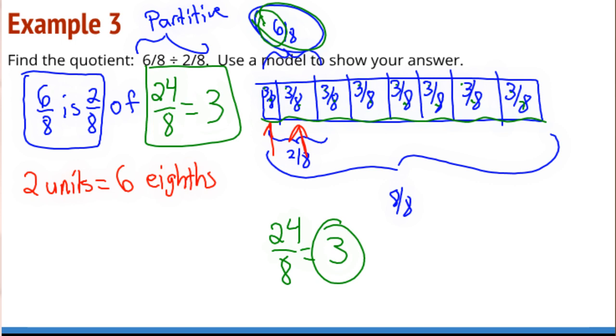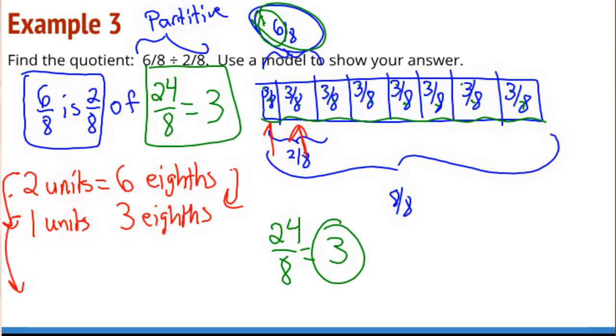And so if I'm going to get the value of 1 unit, I'm going to divide by 2, and I will find that 1 unit is 3/8. And there are 8 units, so now I can scale this up. So I divided by 2 there, multiply by 8 here.